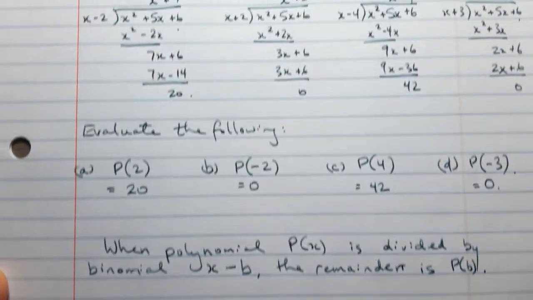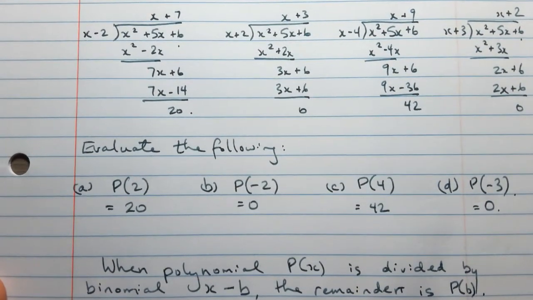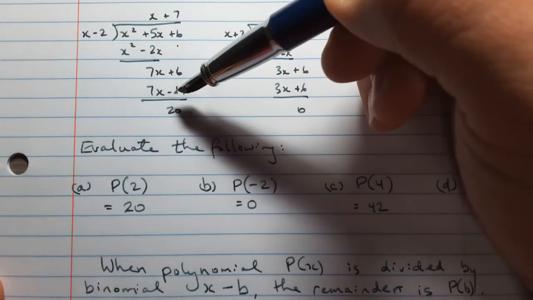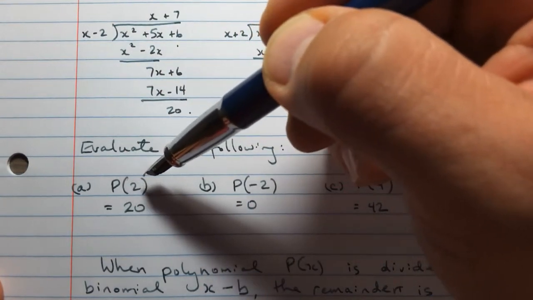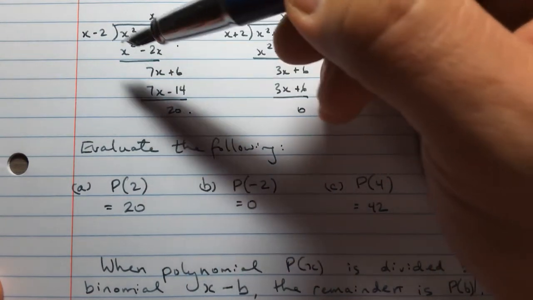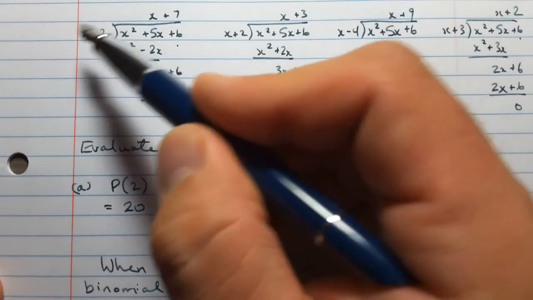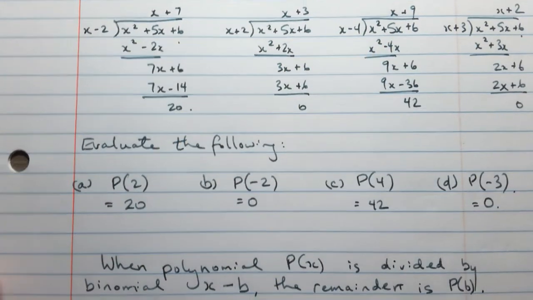So as we had up here, this is just the first part of this. I'm going to add a little bit to it in a minute. So if I had x minus 2, the remainder is the same as if I did p at positive 2. So the sign is always the opposite. Or if you want, the number 2 is what you would put in here to make this 0, is another way you can think about it.